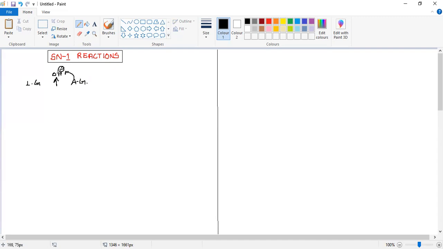This attacking group attacks the opposite side of the leaving group. First a transition state is obtained.